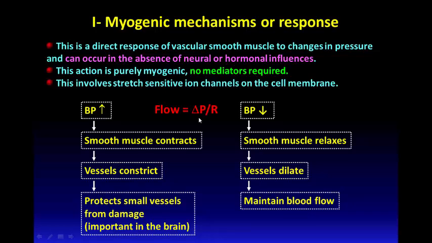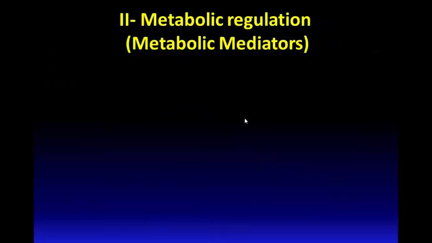Hence, the drop in the pressure will not then result in a drop in flow, because the resistance is also decreased as a result of arteriolar dilatation. And as a result of that, the flow remains constant despite the drop in the mean arterial pressure.